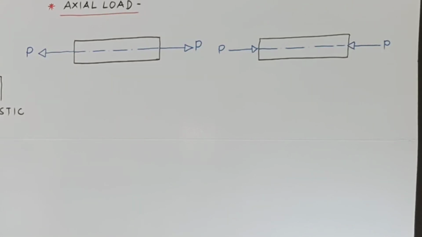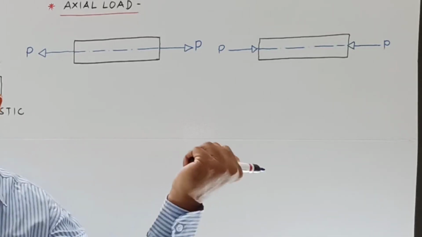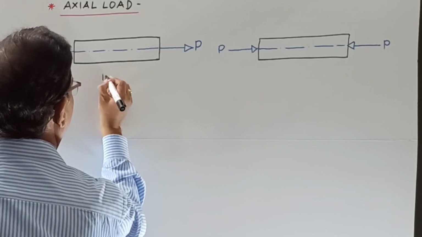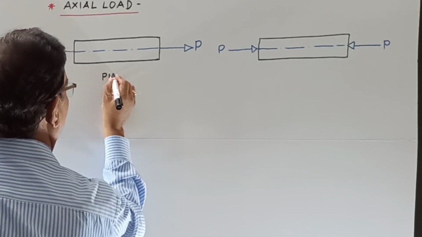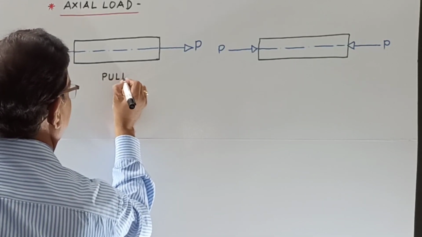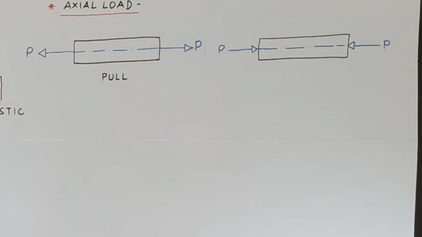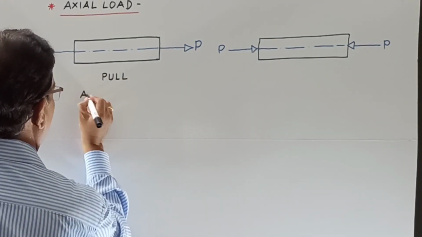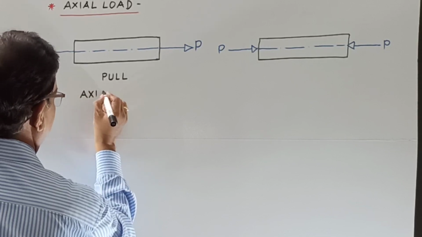But what is the difference? Here the nature of the load is pulling. So this nature is a pull, and therefore this particular body is said to be in axial tension.